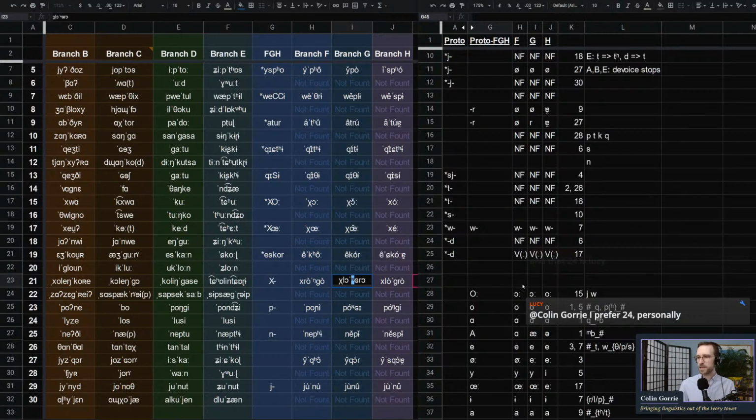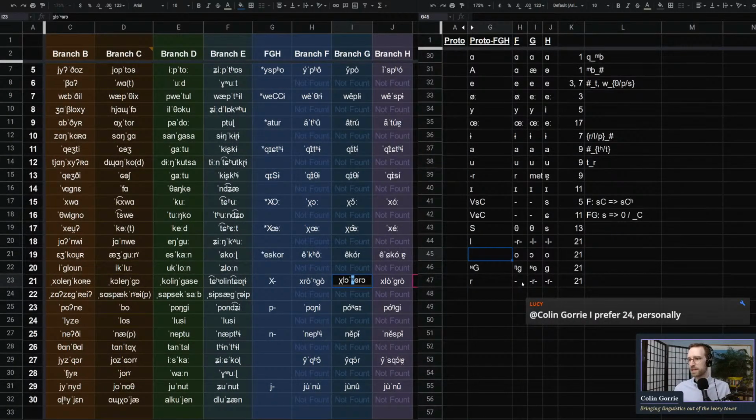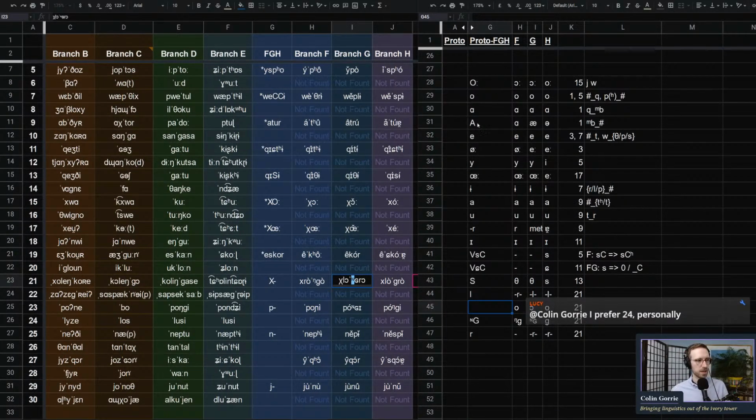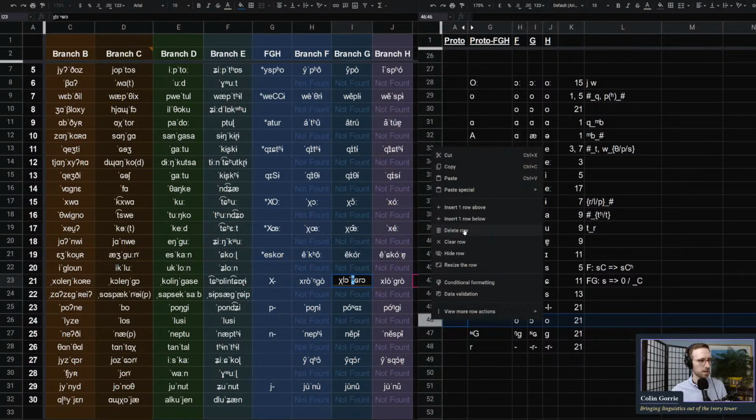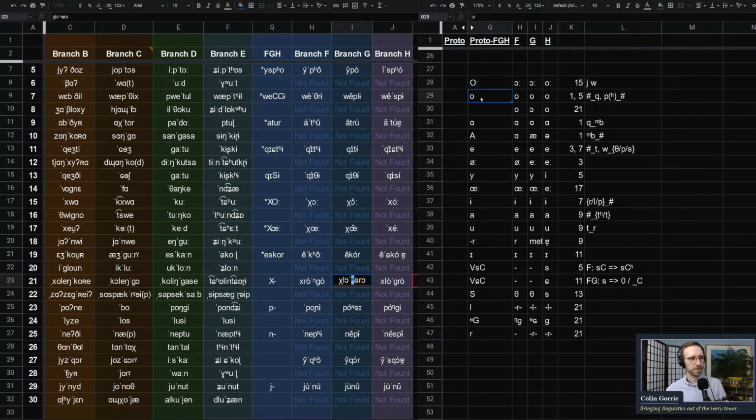The question is, what are we going to do with this? We have a bunch of these different mid-back vowel correspondences. This is clearly O. But then we have this long O, which shows up open in some, open in FG, closed in H. And then we have this short O, which shows up as open in FH and closed, no, open in G and closed in FH.